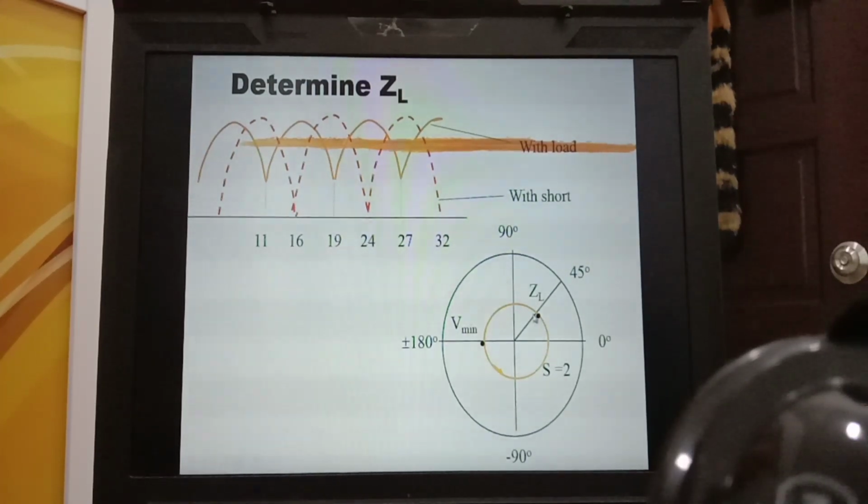To read the impedance at this point, we can refer to the circle of constant resistance and the circle of constant reactance that cross this point. Then we can read the impedance.